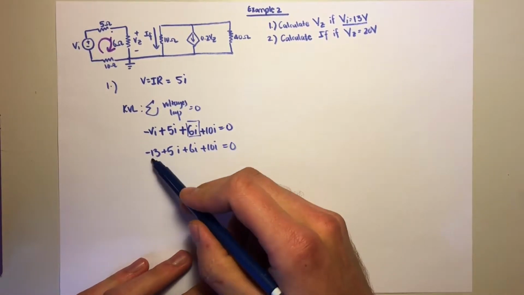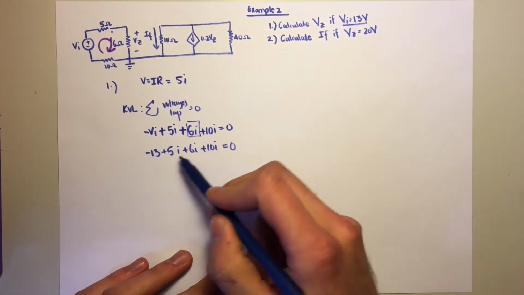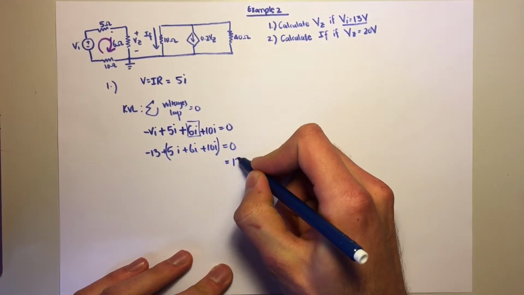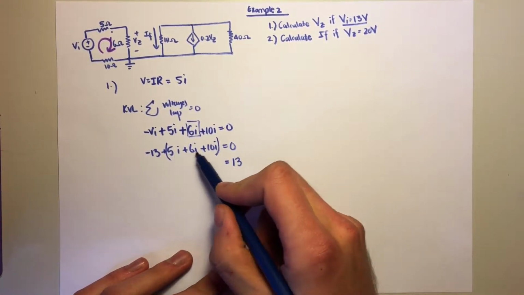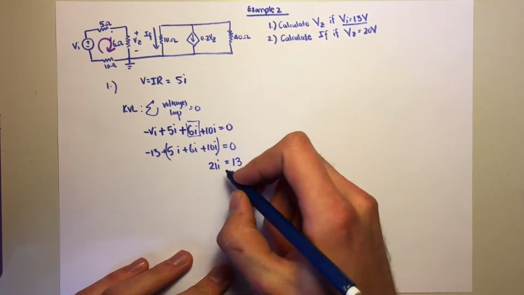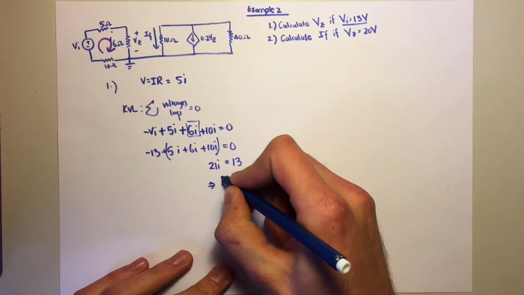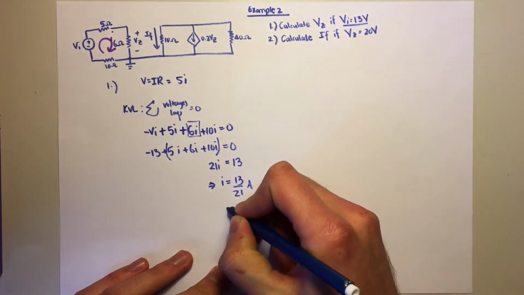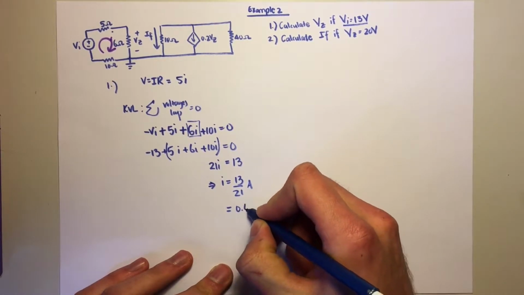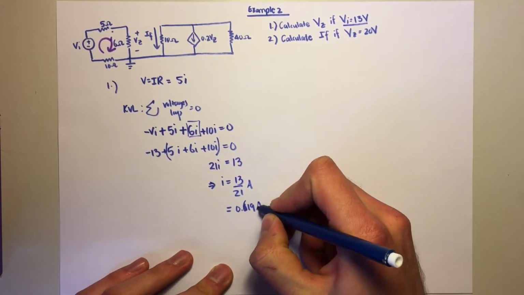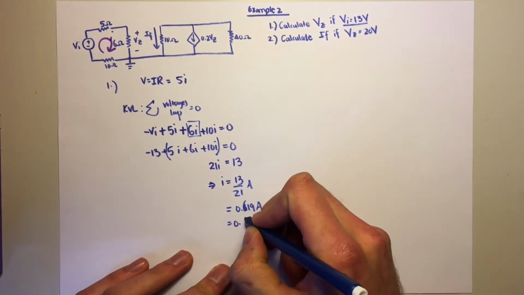What I can do now is take this 13 over because it's not dependent on I. So that becomes 13 on this side, and if we add these up, we get 21I equals 13. Therefore, I equals 13 over 21 amperes, or 0.619 amperes.